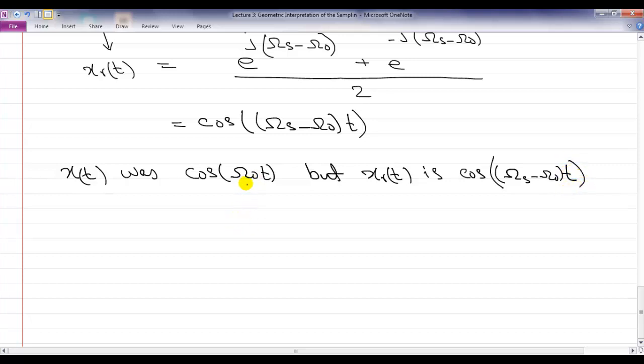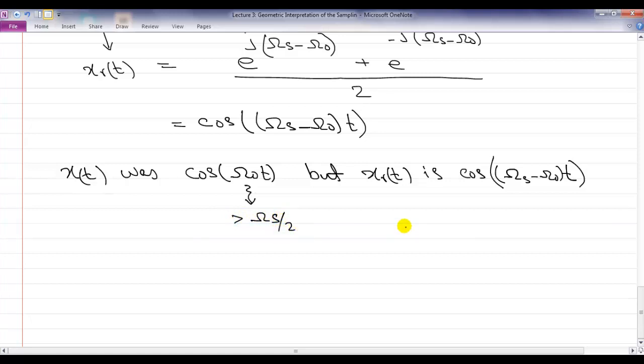So the frequency of the original was ω0 radians per second, but the frequency of the reconstructed signal is ωs minus ω0. Why? Because this ω0 was bigger than ωs by 2.